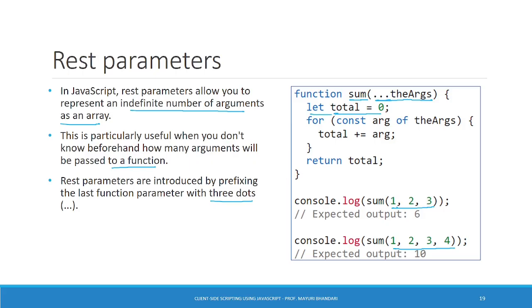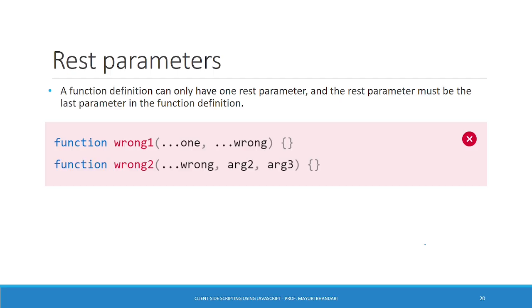So we have assigned 0 to the total, and then using for loop we are iterating over all the arguments passed. So in function call, if I am passing 3 arguments, it will return sum of these 3 arguments. If I am passing 4 arguments, this function will return sum of these 4 arguments. Likewise, if I pass any number of arguments, it will give me sum of all the arguments that I passed. Few things we should always remember about rest parameter.